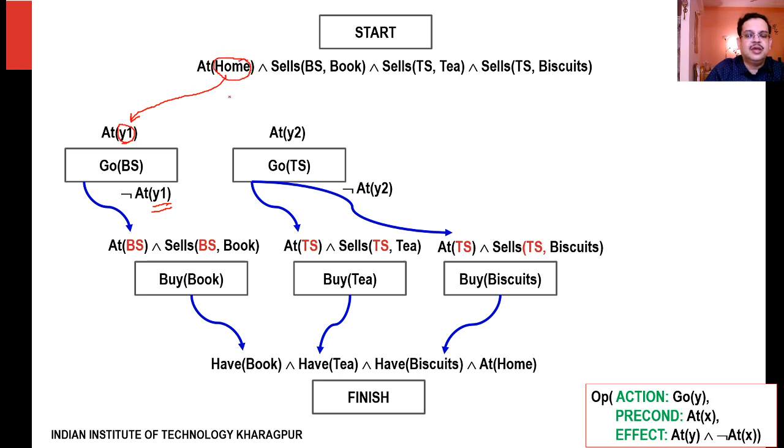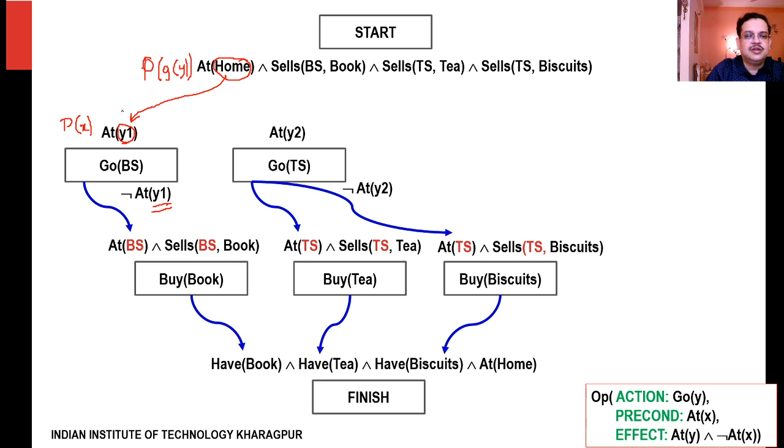Okay, in a more generic sense, if you remember the unification of predicates, you could have a predicate p of x here and you could have a predicate say p with say g of y here.